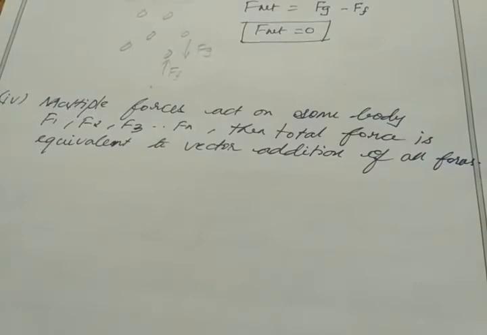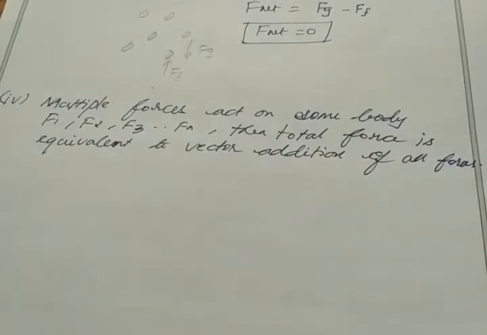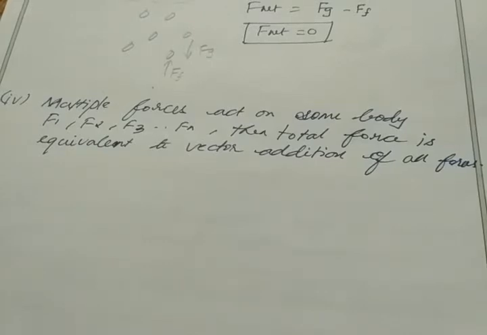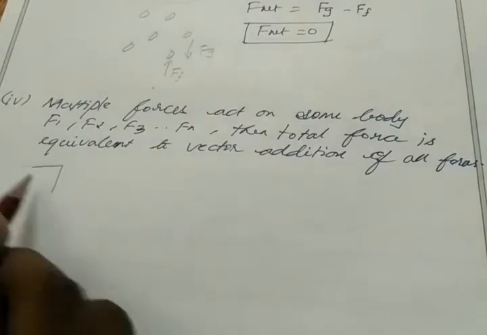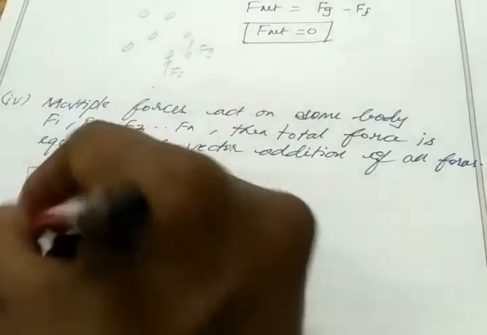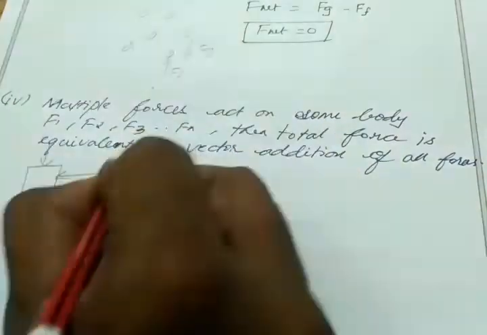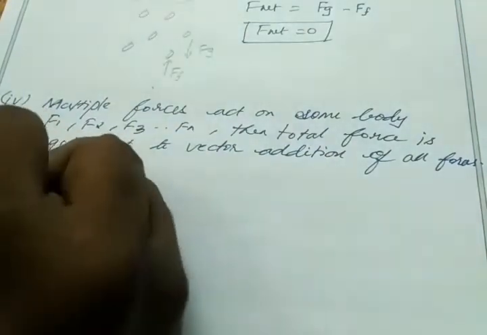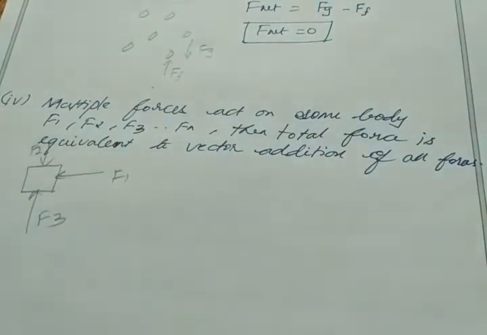The fourth property: multiple forces act on a body, say F1, F2, F3 up to Fn. Then the total force is equivalent to the vector addition of all individual forces. Here we have one object with a lot of forces acting on it, say F1, F2, F3.